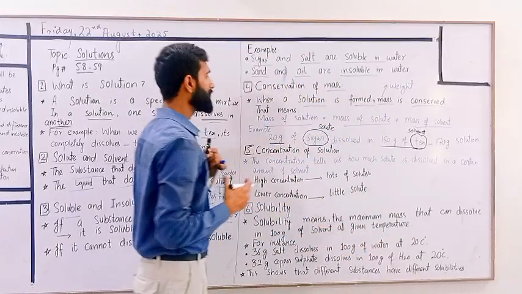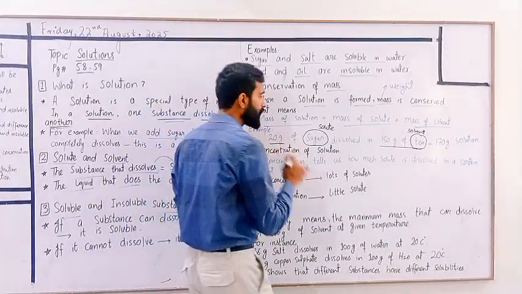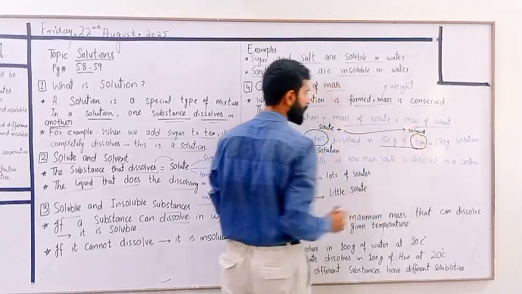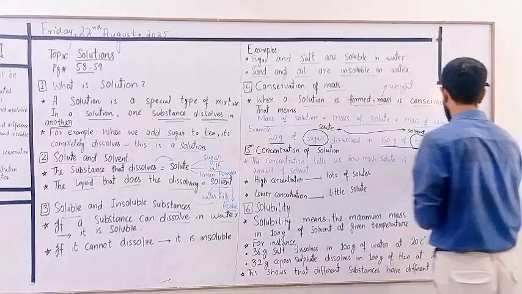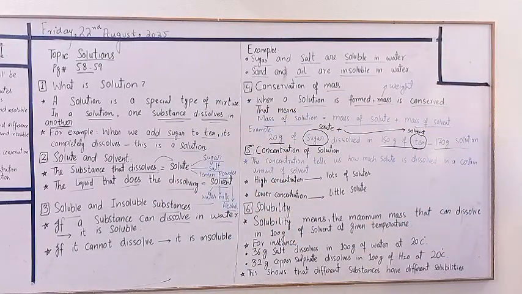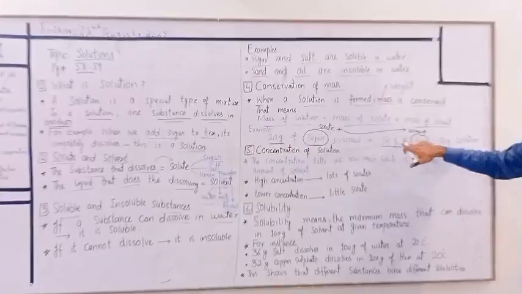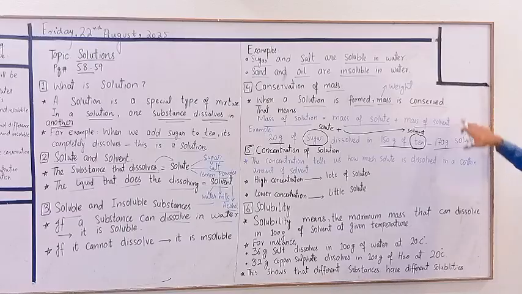So what would be the mass of the solution if we add the solute to the solvent? The total mass of the solution is 170 gram, because we have 20 gram of solute and 150 gram of solvent.